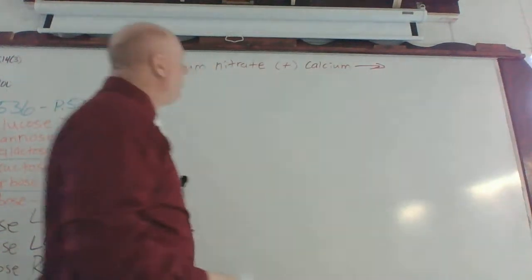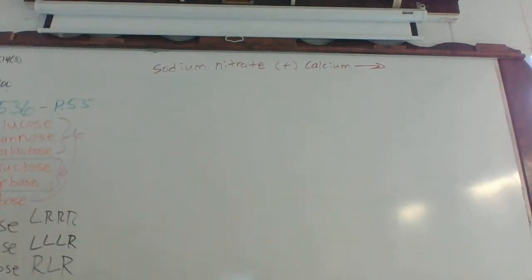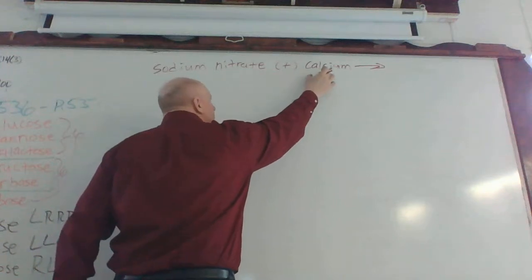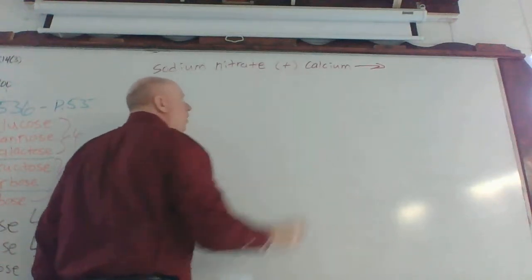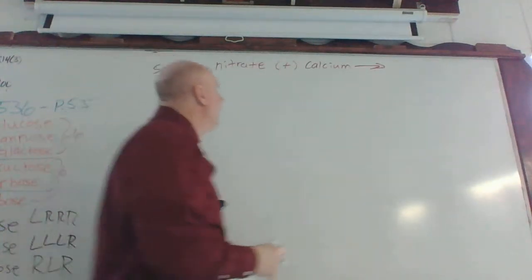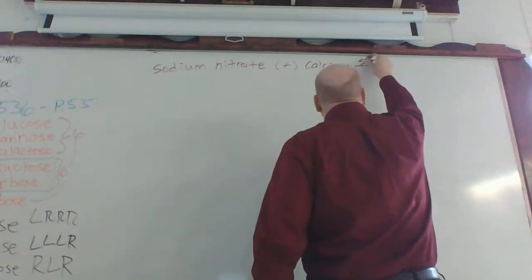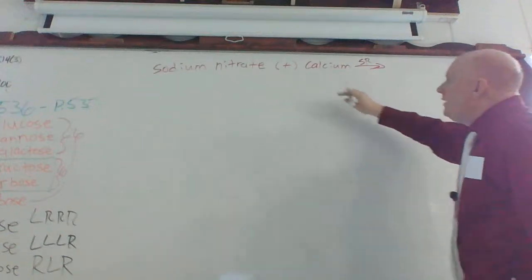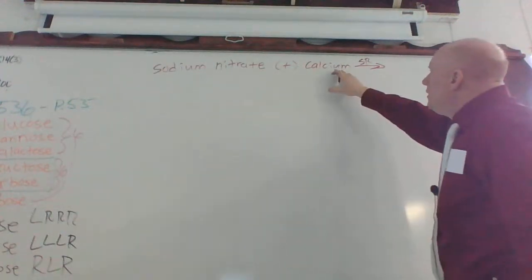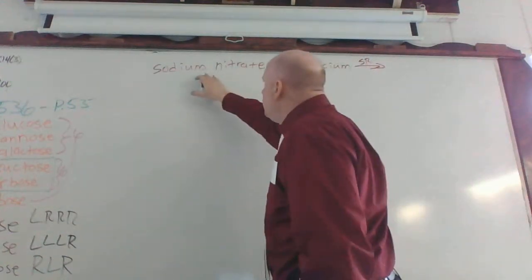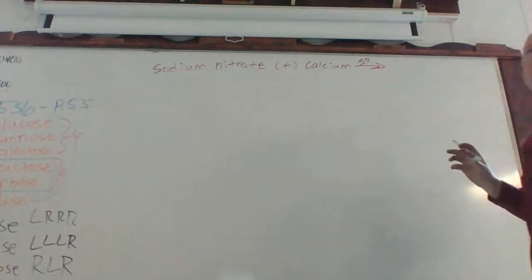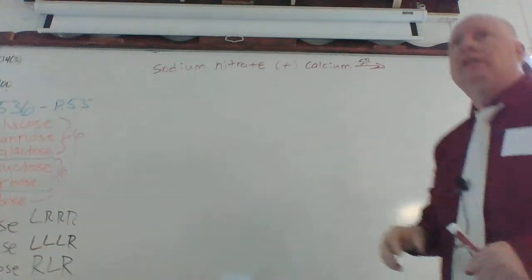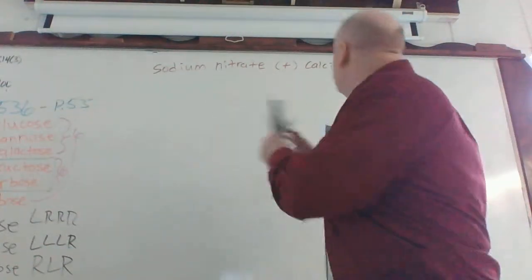And what we see happening, we know that this is a single replacement because we see a lone metal, a substance or an element all by itself. Single replacement, here's your clue, we see a single metal all by itself. So this calcium then replaces that sodium. Actually, I think a better example would be, let's use beryllium instead.